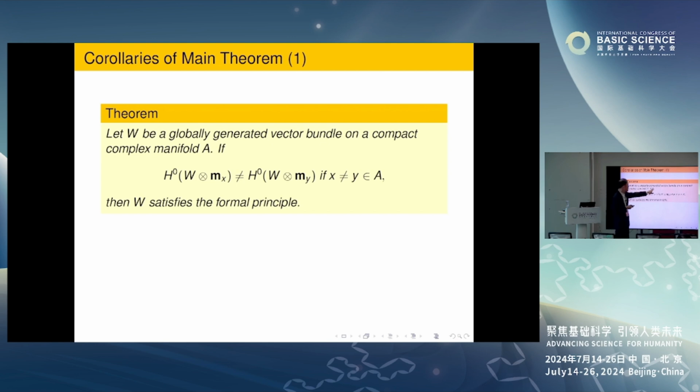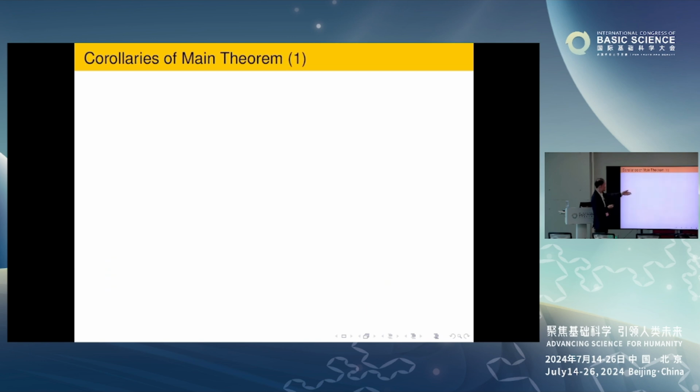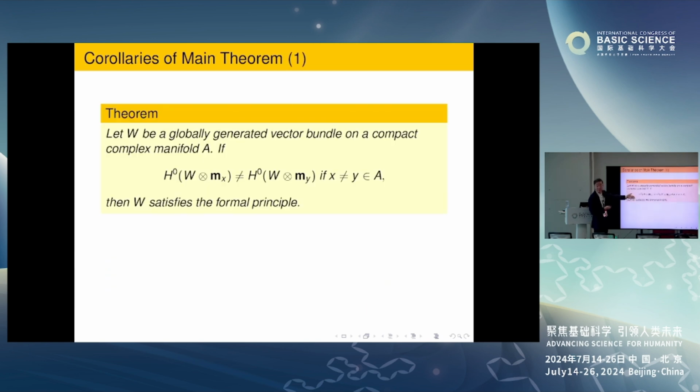If W is a globally generated vector bundle on a compact complex manifold, and it separates points, then it satisfies the formal principle. So for vector bundles, you don't need to deform. You don't need this statement about general deformation. The zero section itself satisfies the formal principle already.